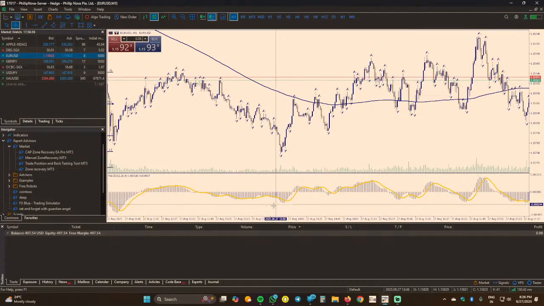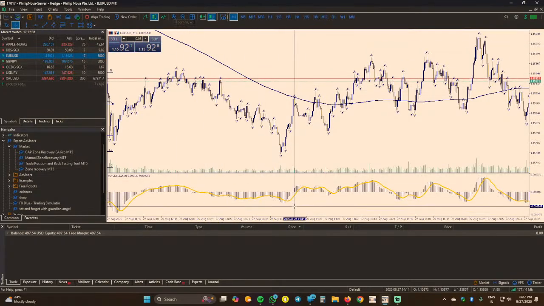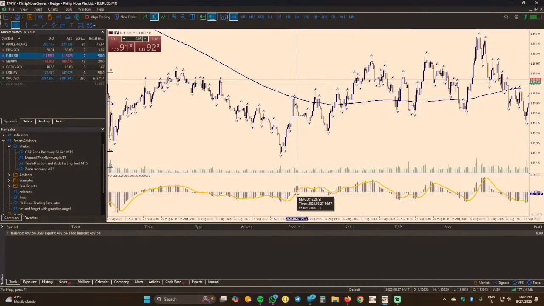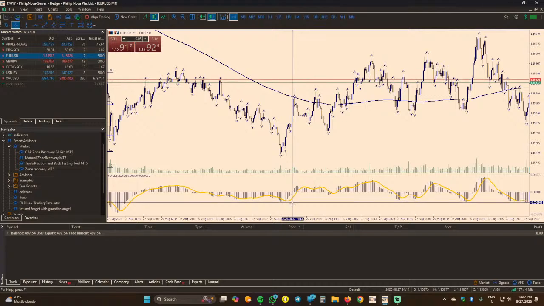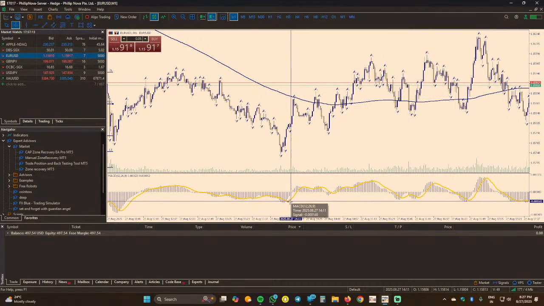When on MetaTrader, we don't have two lines. We have histogram and a signal line. That is just how MetaTrader calculates the MACD.